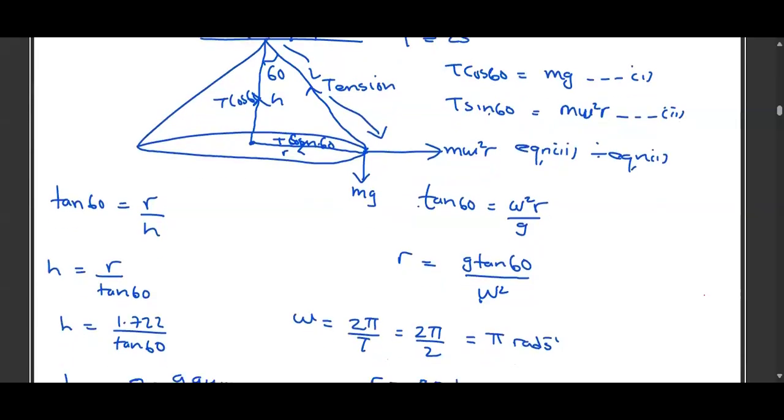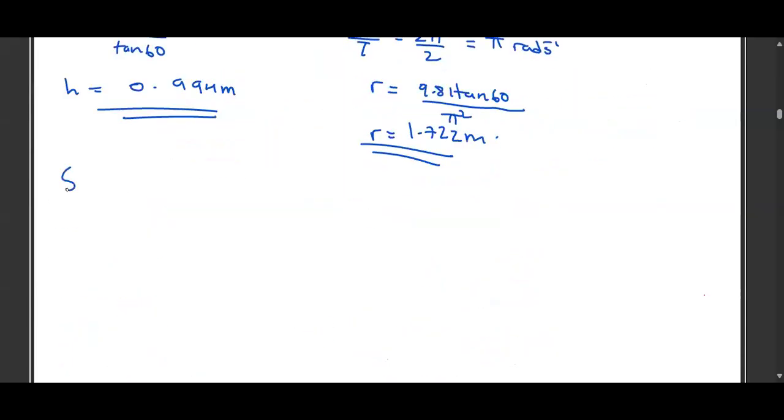I can use sine, whereby I'll have sine 60 is going to equal opposite, which is r, divided by l. So my l is going to equal r divided by sine of 60. R is 1.722 divided by our sine 60.